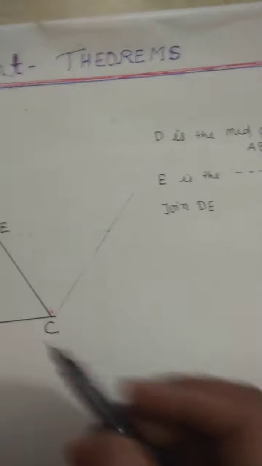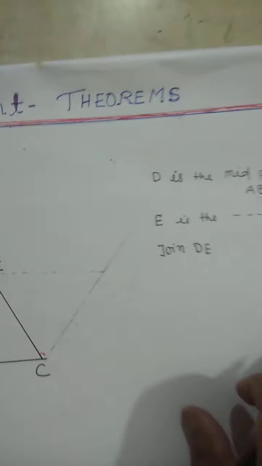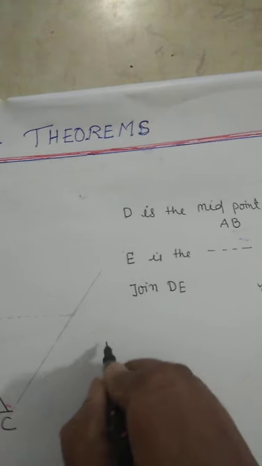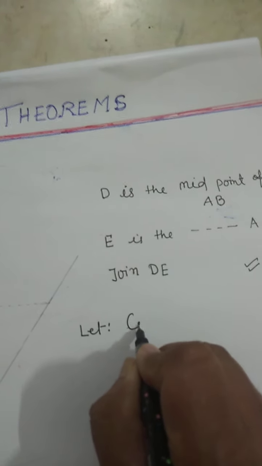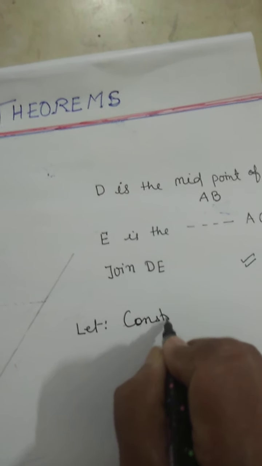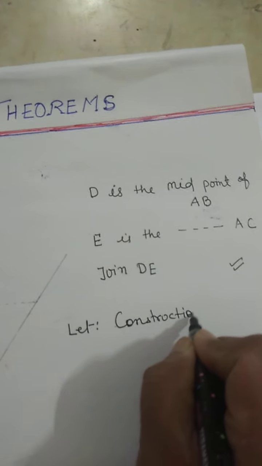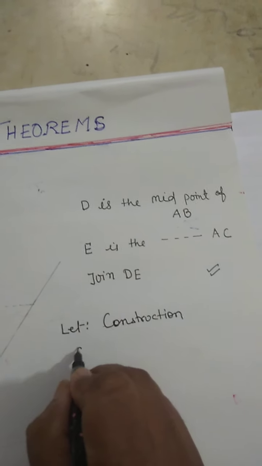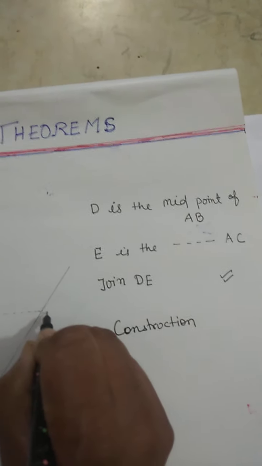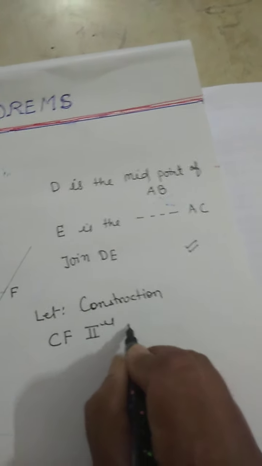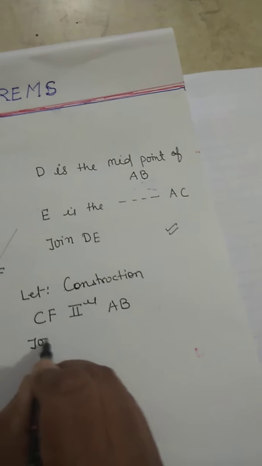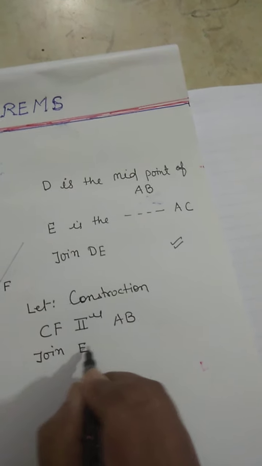Now for the proof, this is the required construction. Let CF be parallel to AB, and join EF.